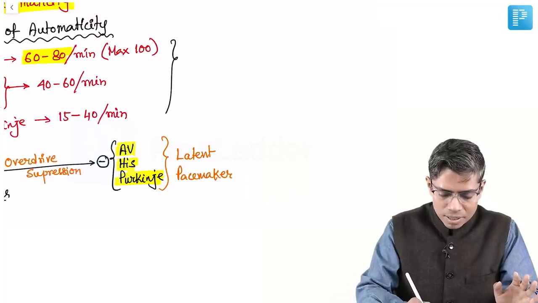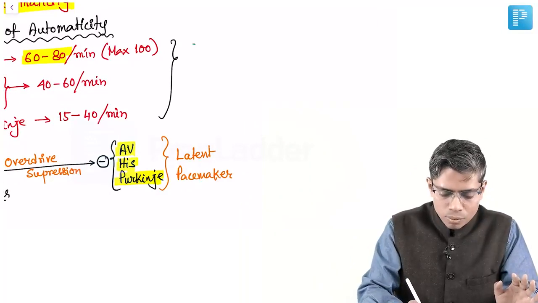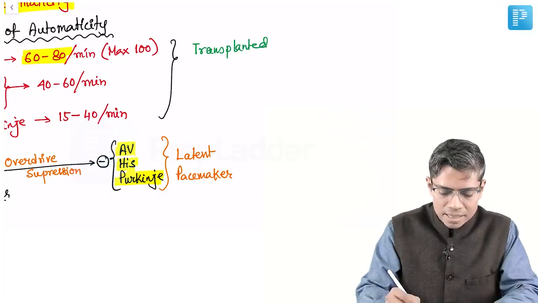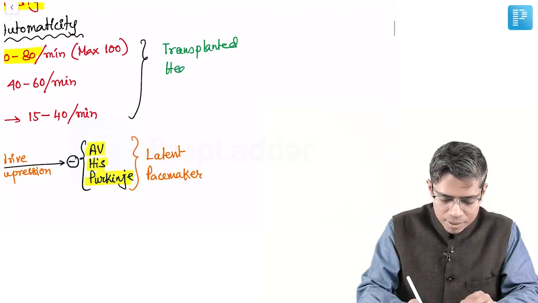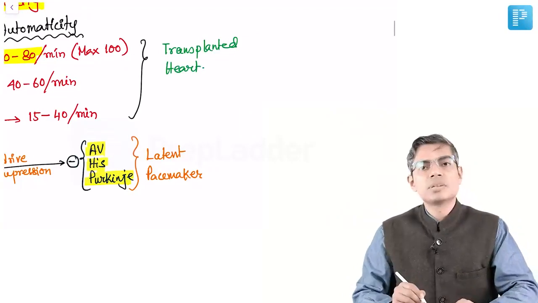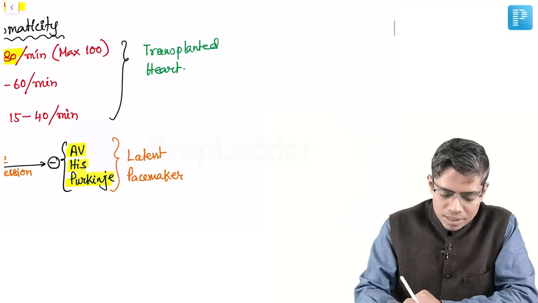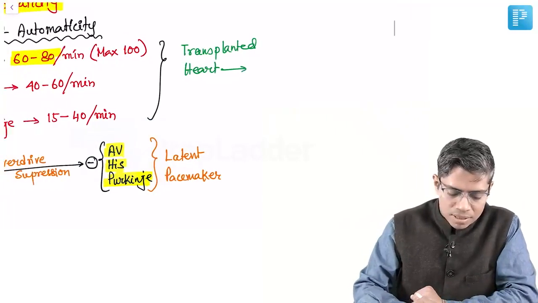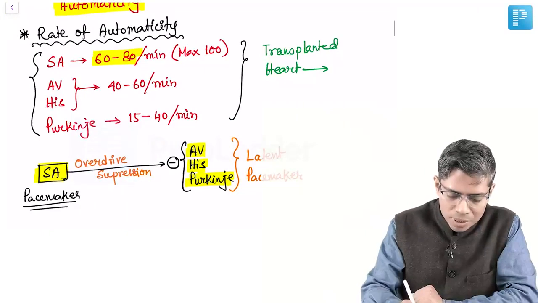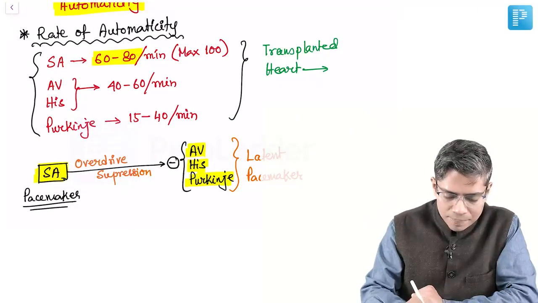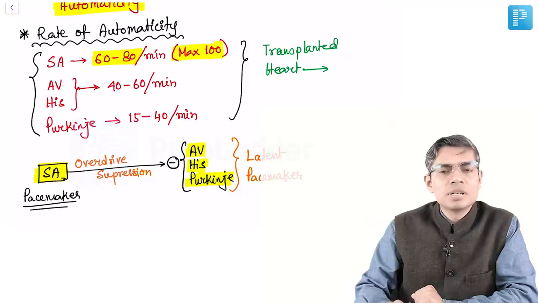With this concept, there is a famous MCQ: what is the resting heart rate in case of a transplanted heart? Getting my point? So they are asking MCQ that a person who has a transplanted heart, what is the resting heart rate? So obvious thing is that if you look here, the automaticity rate of SA node is 60 to 80, which can maximum go up to 100 beats per minute.